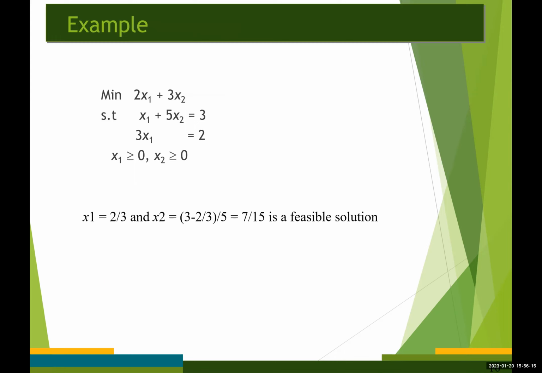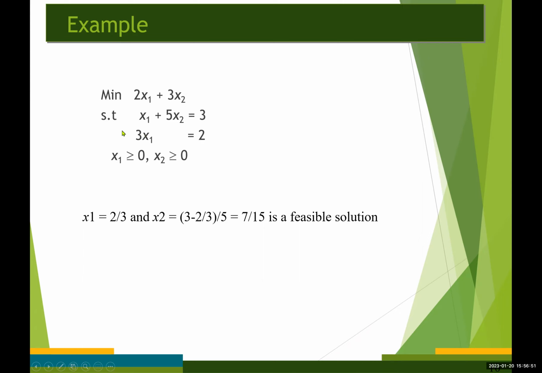Okay, so let's consider a very simple LP example. In this case, x1 equals 2/3 and x2 equals 7/15 is a feasible solution. Actually, I can get that value from the second constraint. If you divide both sides of the second constraint by 3, then you would get x1 equals 2/3, right?